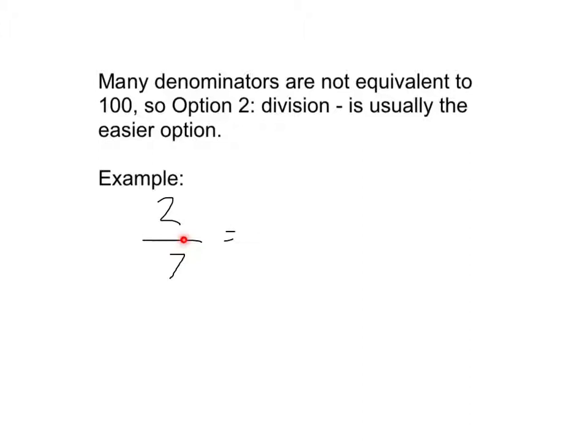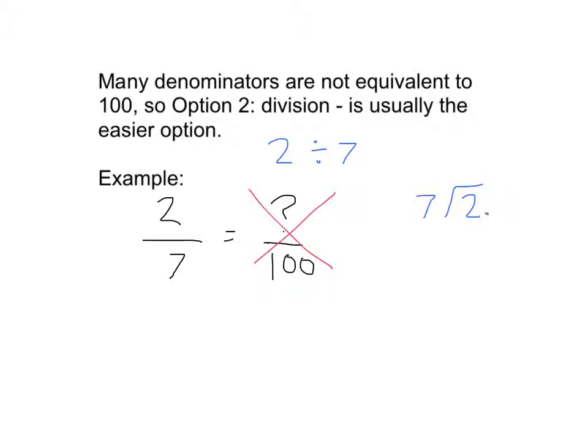There is nothing I can multiply by 7 to equal 100. So there is no way that I can even do option 1 for this problem. As a result, I realize that I can use division. 2/7 is the same thing as saying 2 divided by 7. So I'm going to take 2 and divide it by 7.